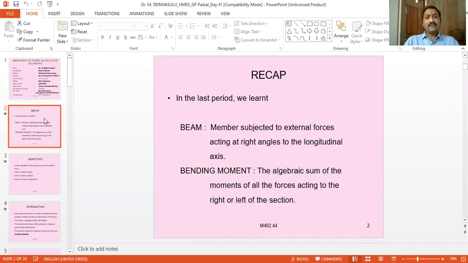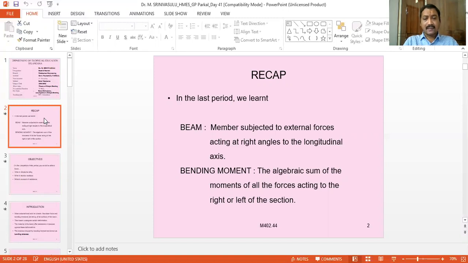Now coming to the previous classes, we have studied force system, we have studied the stresses and the strains, geometrical properties of sections, and also shear force and bending moment diagrams.